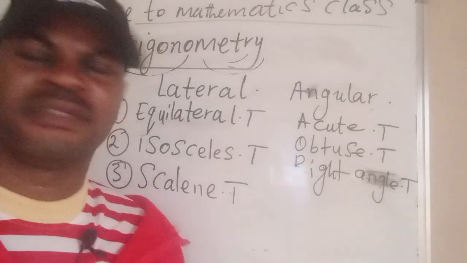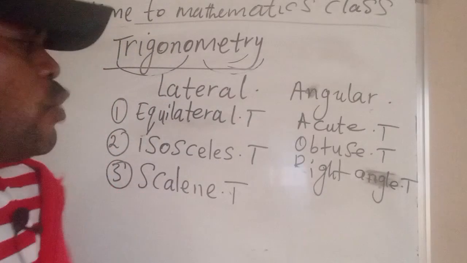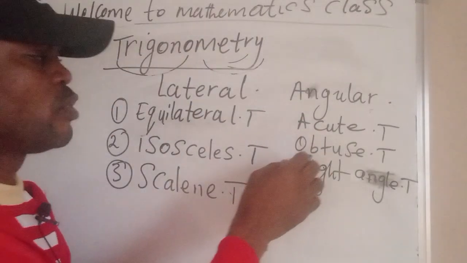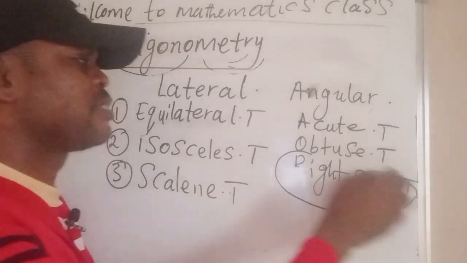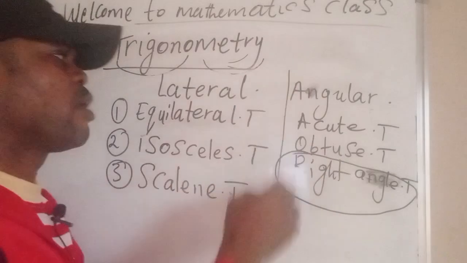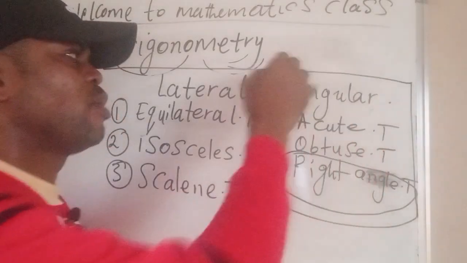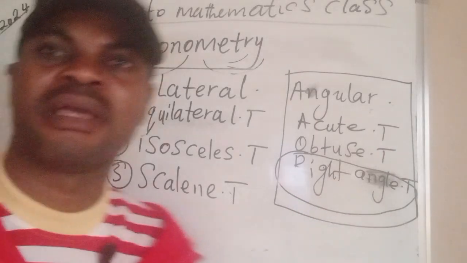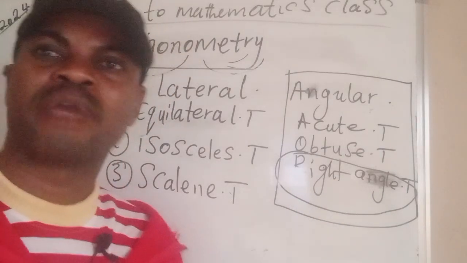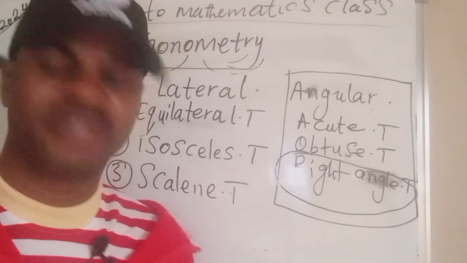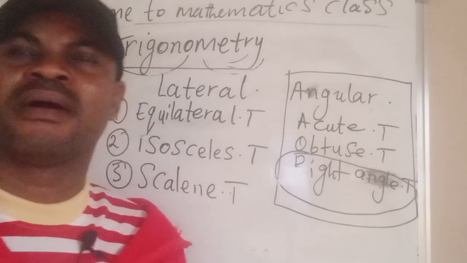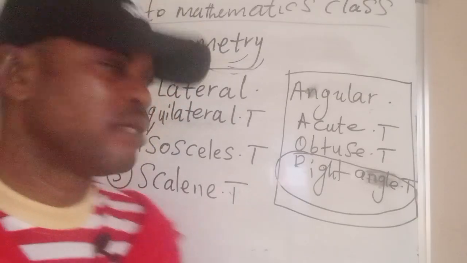So the point is, during our previous classes, we were able to resolve all challenges related to right angle triangle. But previously, we have talked about the right angle triangle. And every right angle triangle can be resolved using what we call the Pythagoras theorem.